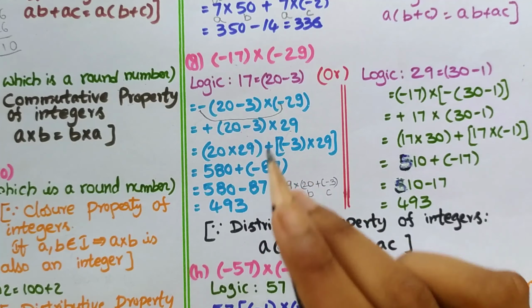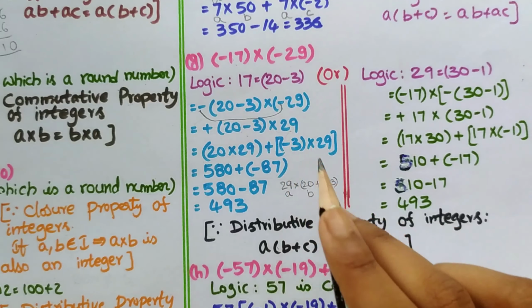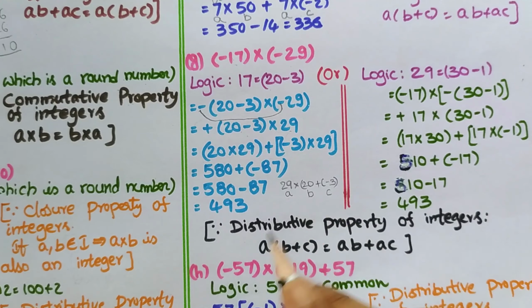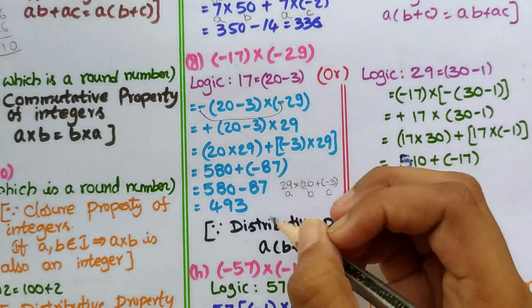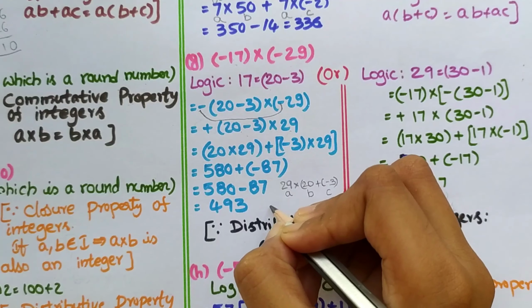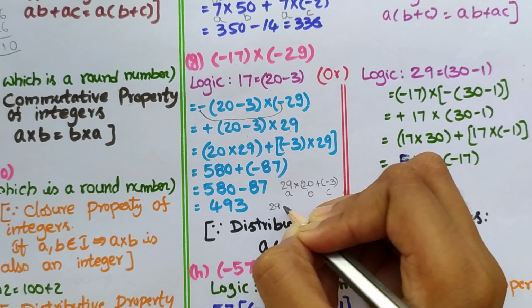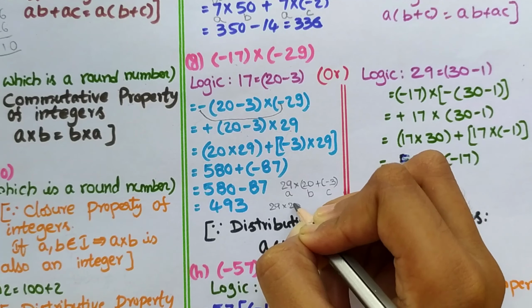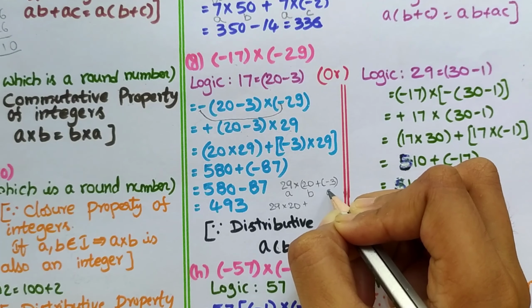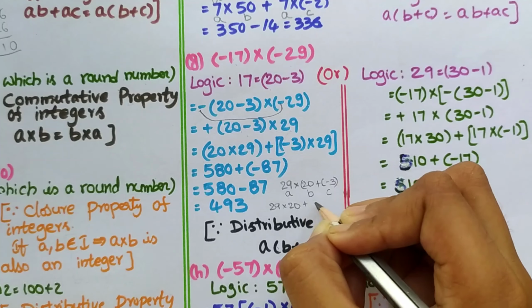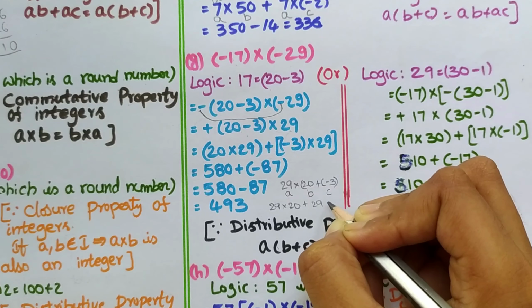Now let us do further simplification. Here A into B plus C means AB plus AC, that is A into B plus A into C. Now it should be written as A into B, that means 29 into 20, plus A into C, which is 29 into minus 3.